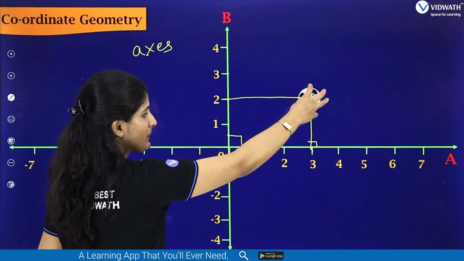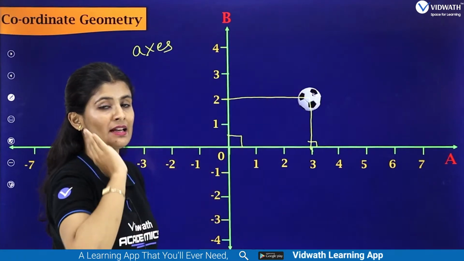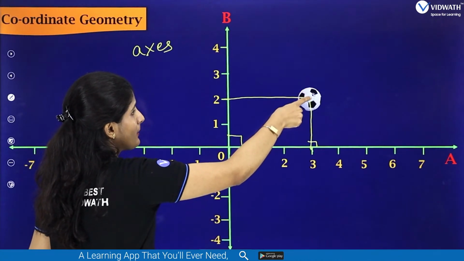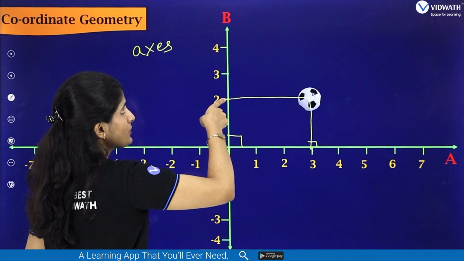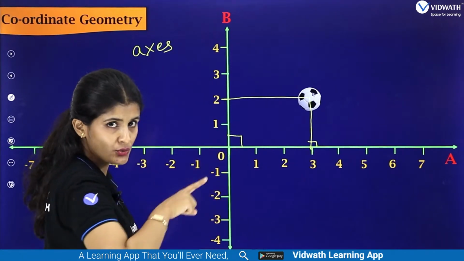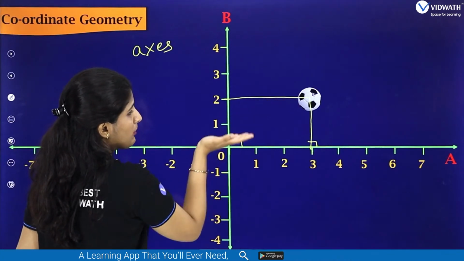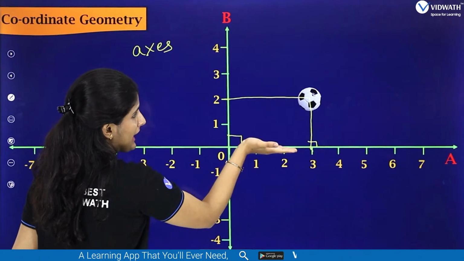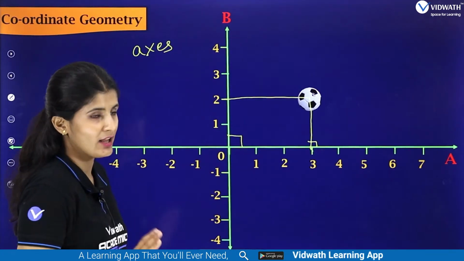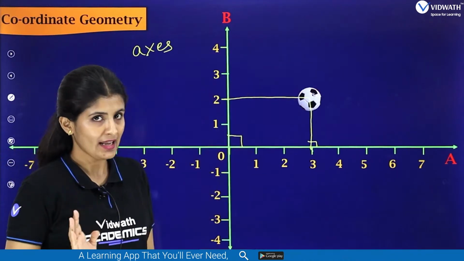So, the ball is placed 3 units to the right of the line B. Similarly, since the perpendicular from the ball to the line B meets the line B at the point 2, I can say that the distance of the ball from the number line A is 2 units above the number line A. So the ball is 2 units above the number line A.